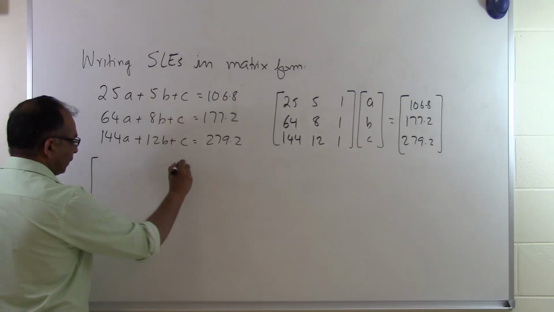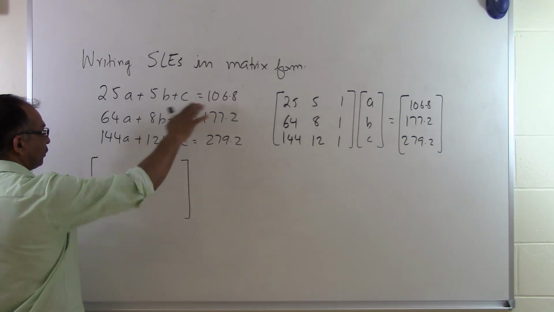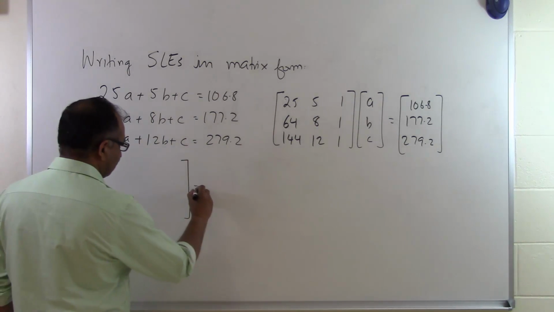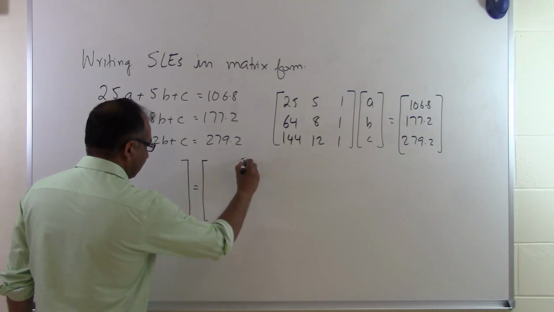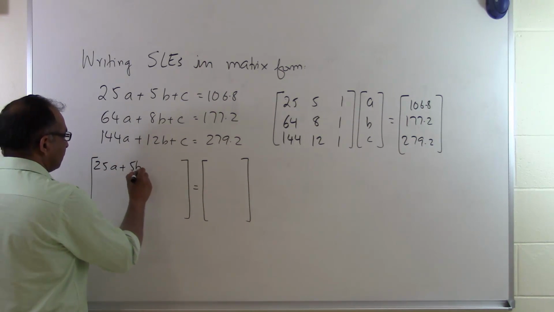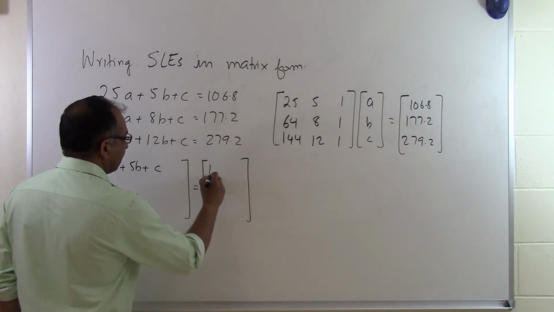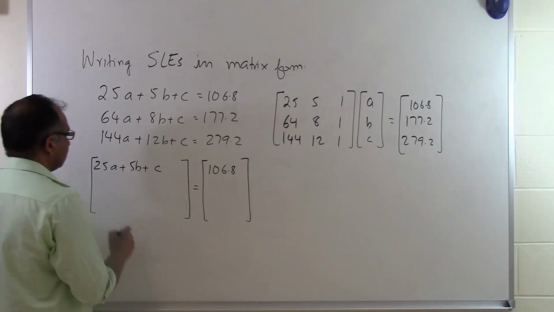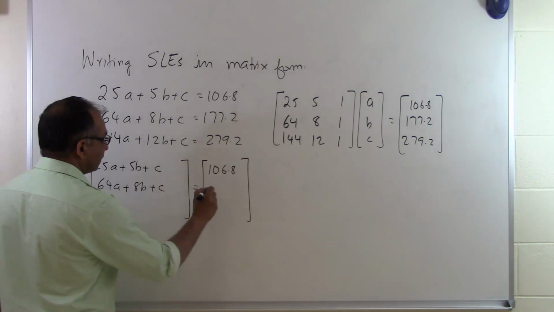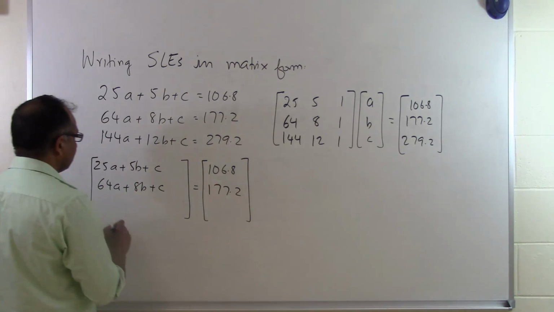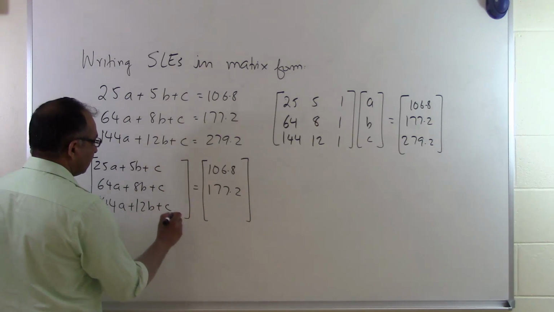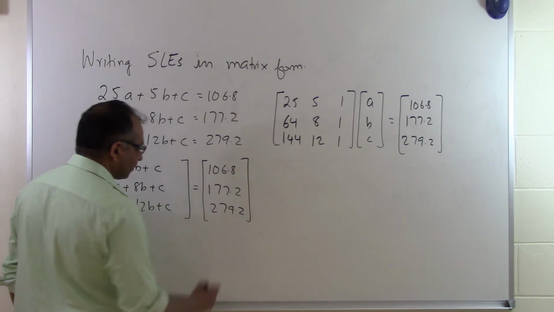I have these three simultaneous linear equations, each one a separate equation, and I'm going to put them in a matrix. I'm going to write 25A plus 5B plus C right here, and put 106.8 here, and 64A plus 8B plus C here, and I get 177.2 here, and 144A plus 12B plus C here, and I get 279.2 here.